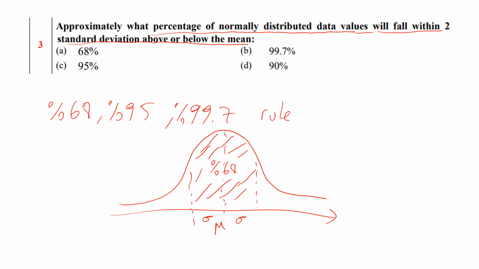So this part here is 68%, from mu minus sigma to mu plus sigma.